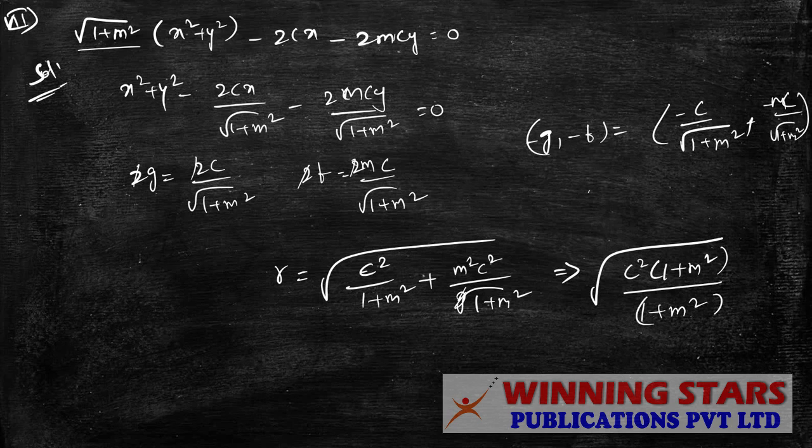Because r is equal to under root of g square plus f square minus c, and c is not there. g is equal to c by under root of 1 plus m square, so square and root will get cancelled, and c square remains in the numerator, and it will become m square c square, so it will become 1 plus m square. So LCM is 1 plus m square, and I will take c square common, and 1 plus m square will remain. These two things cancel, and under root of c square gives c, and c is the answer here. So r is equal to c.